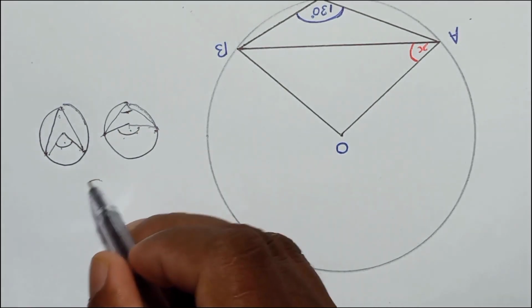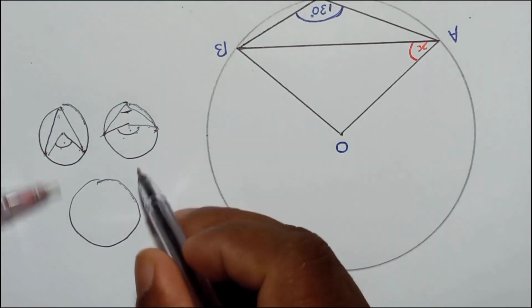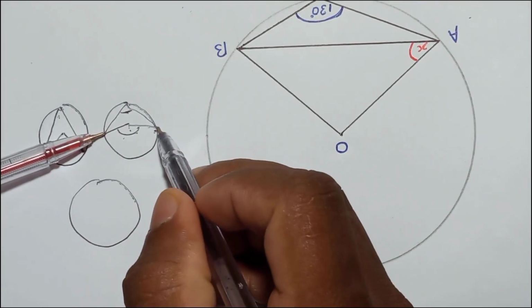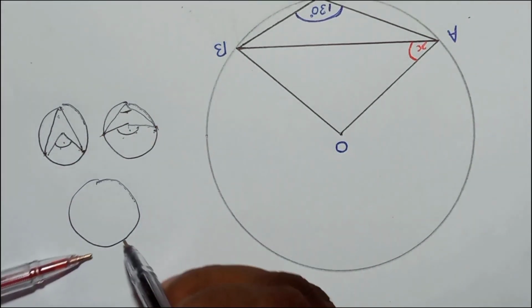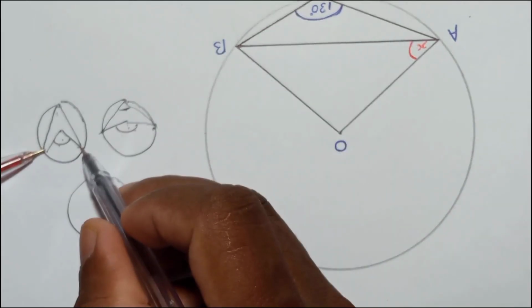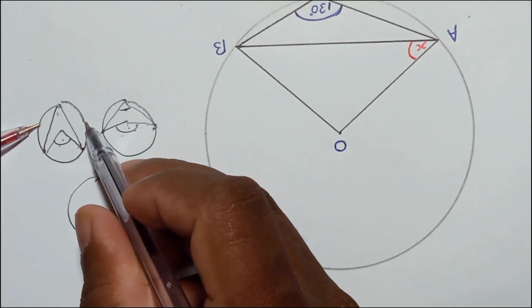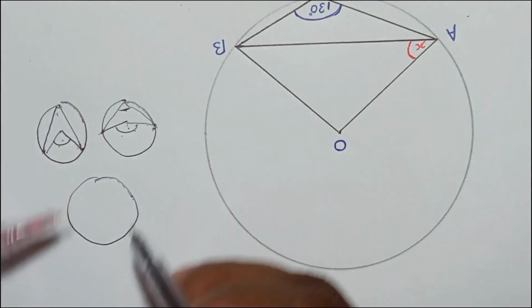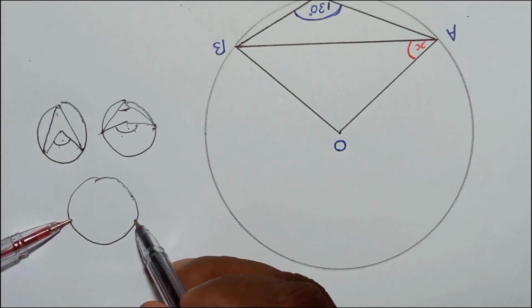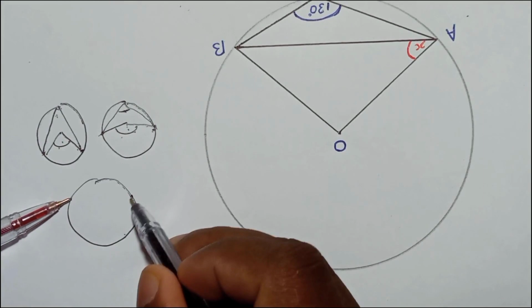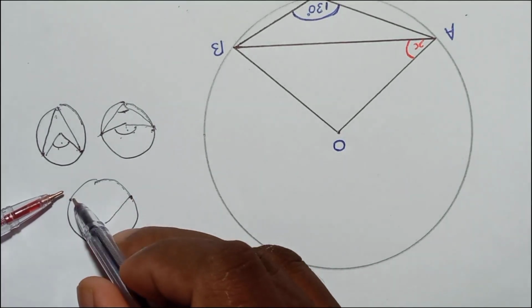But not only that, if I draw these 2 points a little bit further up, and go to the center like this, it doesn't matter, it comes to the center.